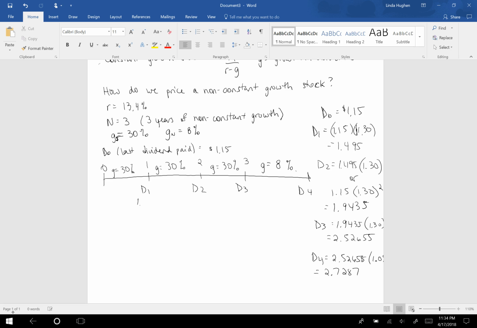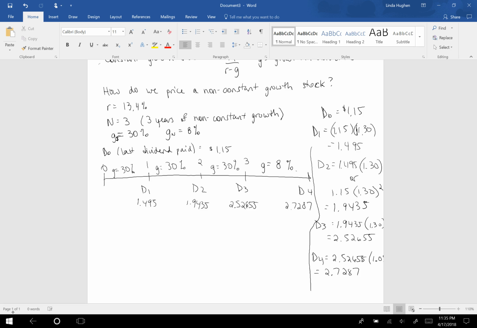All right, so remember the value of the stock is the present value of the future cash flows. So I'm just putting together my future cash flows: 2.52655, and D4 is 2.7287.